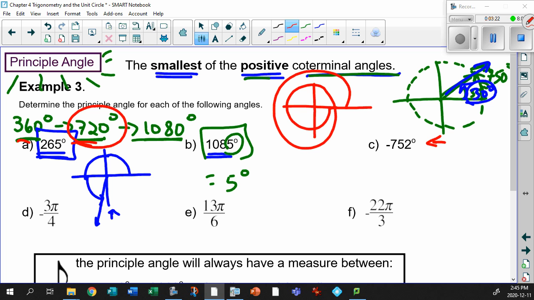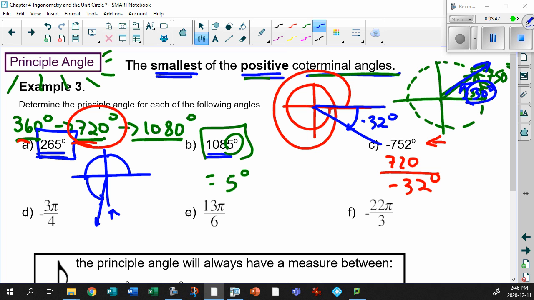Plus how much more? If that's 720, look at what I have left. I have a total of 32 degrees left. That's all I've got. And that should be a negative, of course, since I only went negative from my starting point. I've only gone a negative 32 degrees.